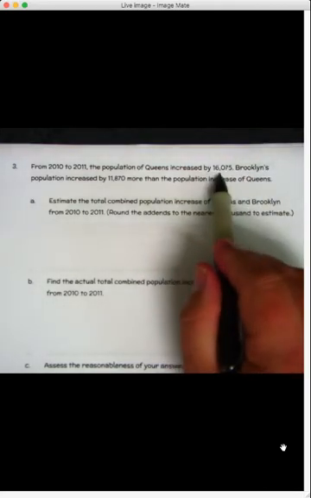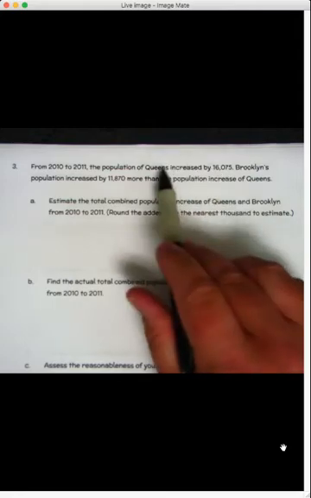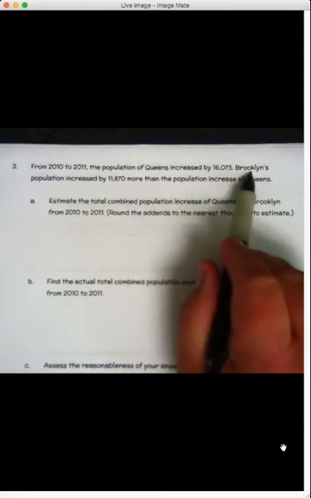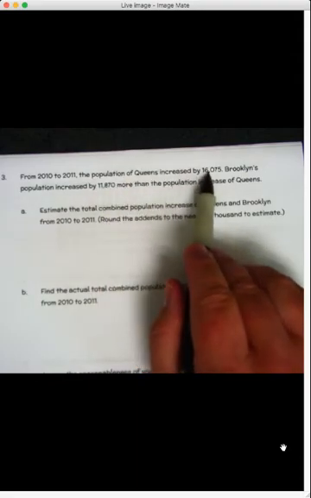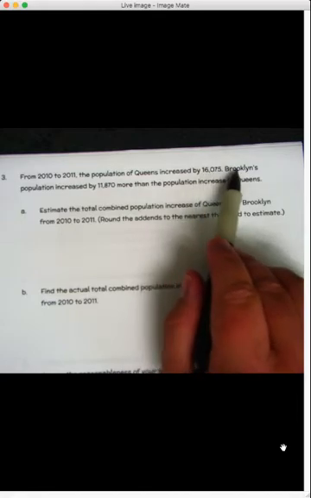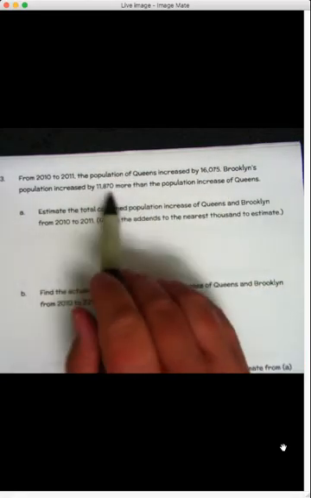Brooklyn's population increased 11,870 more than the population increase of Queens. Okay, so Queens increased by this much, and Queens is a city in New York. Brooklyn's increased by this many more than this much. So the missing information is, how much did Brooklyn's population increase?